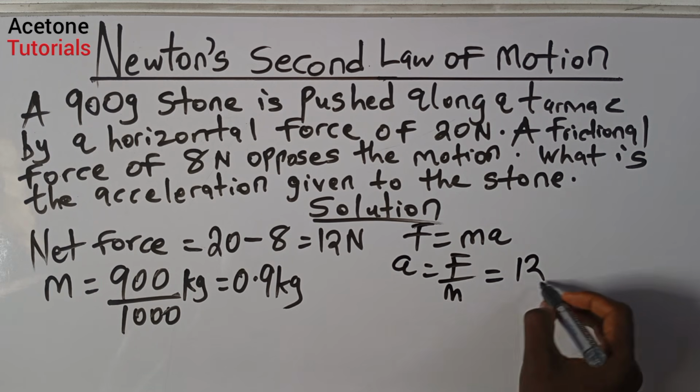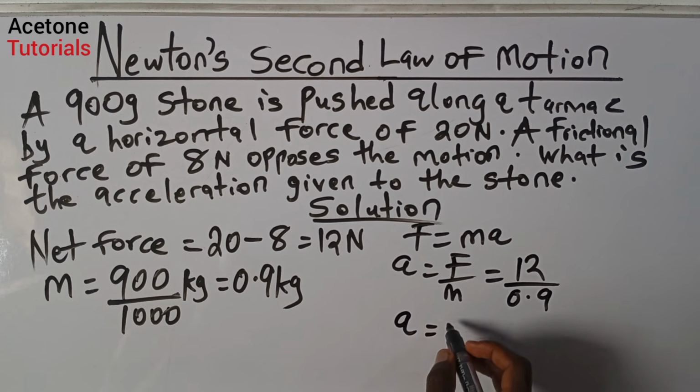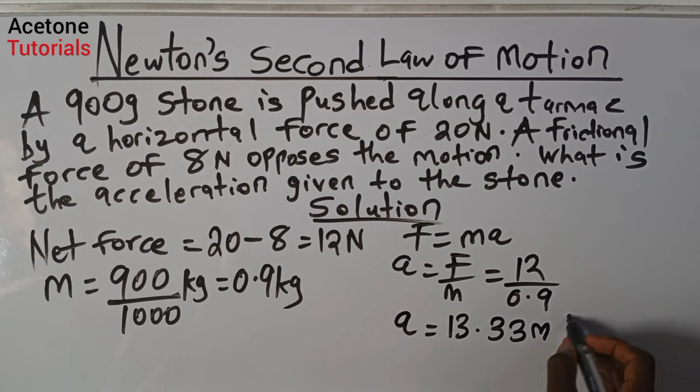That's equal to 12 over 0.9. 12 divided by 0.9 is 13.33 meter per second square. So that is the acceleration given to the stone. Find the net force, which is the difference between the horizontal force and the frictional force. Then use the formula F equals ma to get the acceleration.